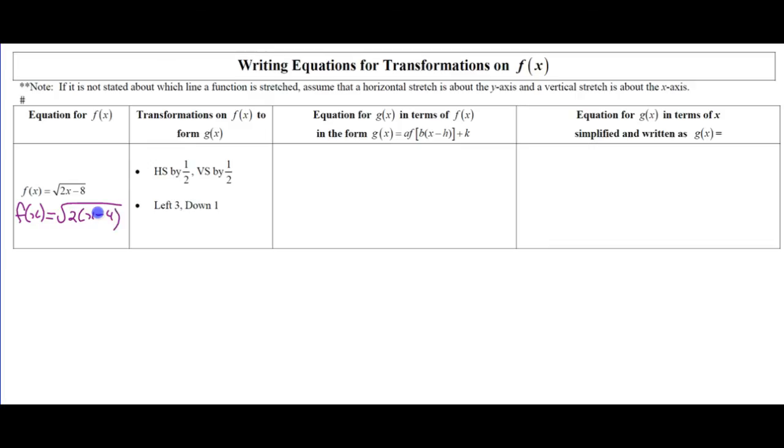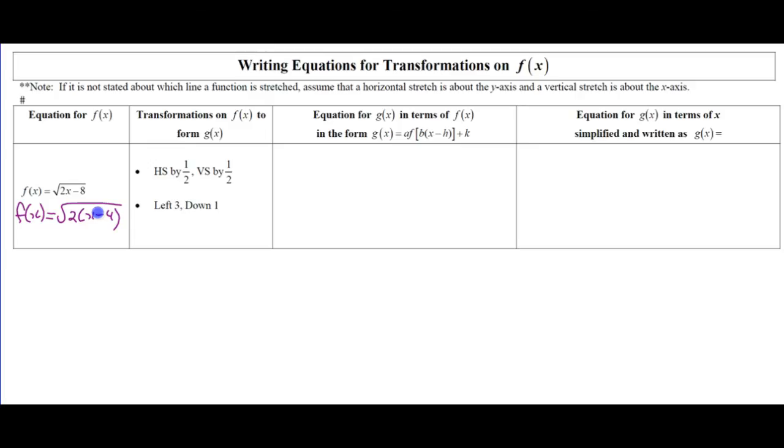Okay. So we got that. We need the equation for g of x in terms of f of x. The transformation, so we know here's how we're going to get from f of x to g of x, right? Now we're not just doing this on some general f of x. We have a specific f of x, right?